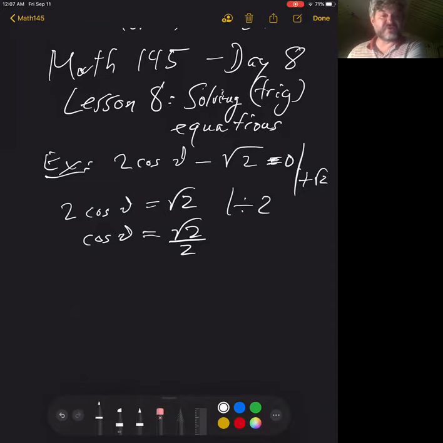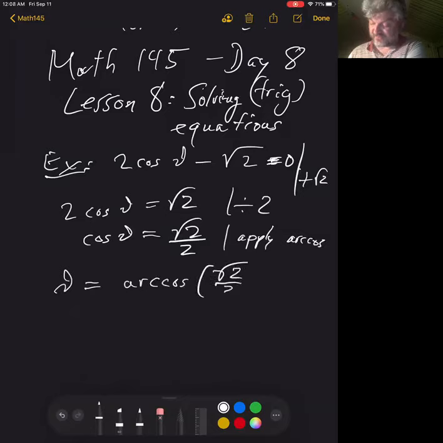And now we could apply our arc cosine function to both sides. So we get theta is arc cosine of square root 2 over 2. And the calculator comes back and says that's pi over 4, if it's a smart calculator.